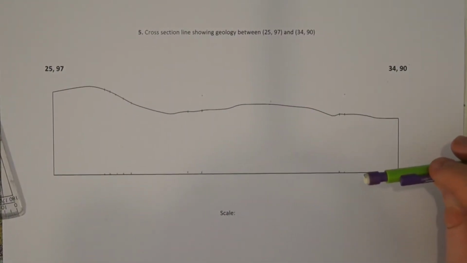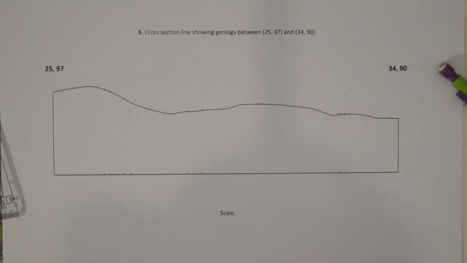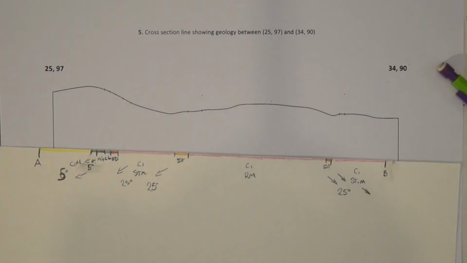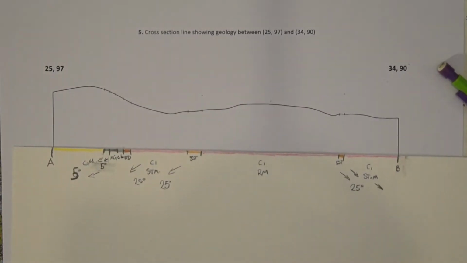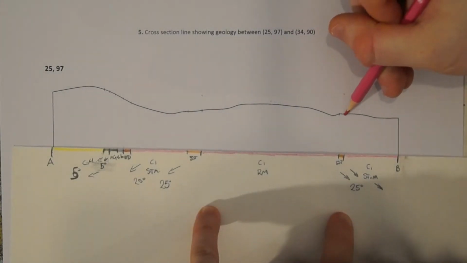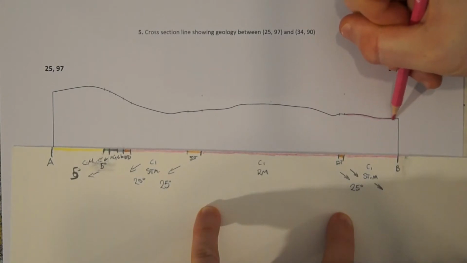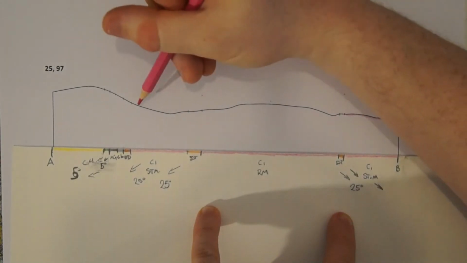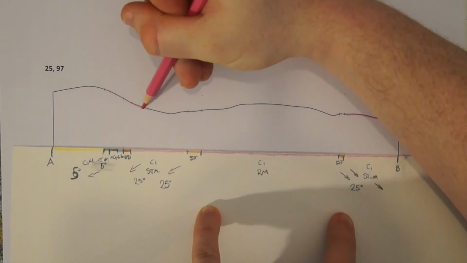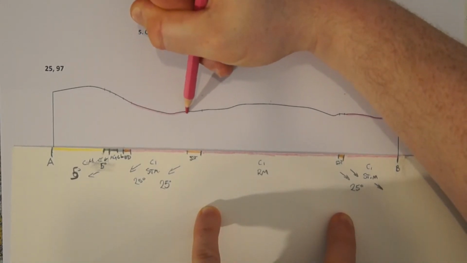these different rocks. So now what we can do, using our cross-section strip as a guide, is paint that very thin veneer on the surface, and it should be really, really thin for this cross-section, because in a minute we're going to add some stuff down on the base of the cross-section underneath the surface.